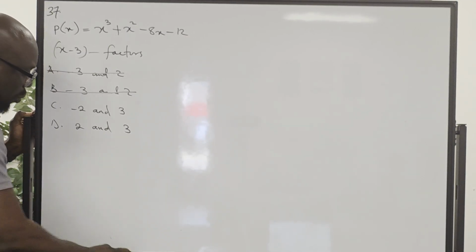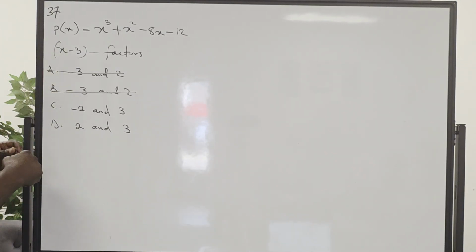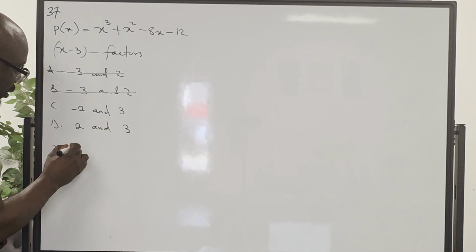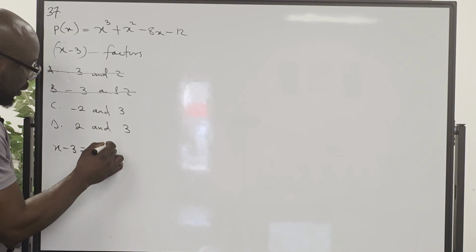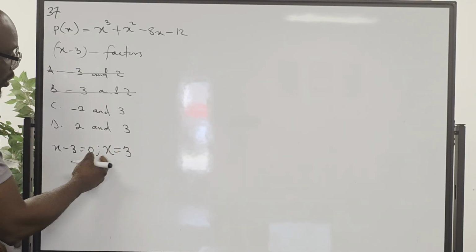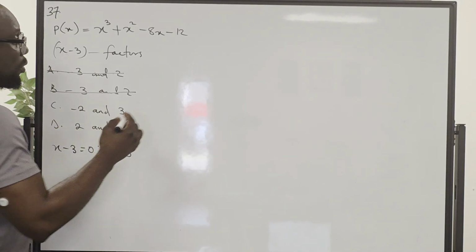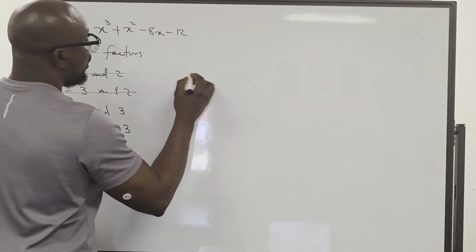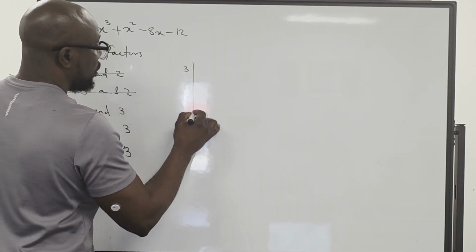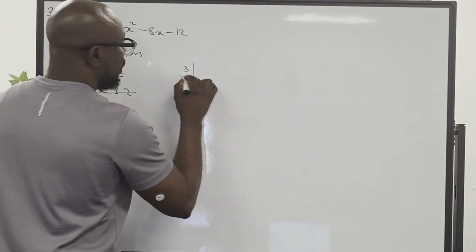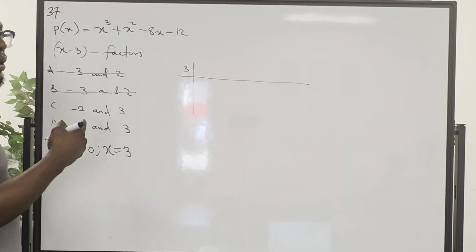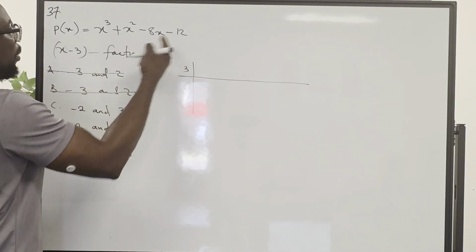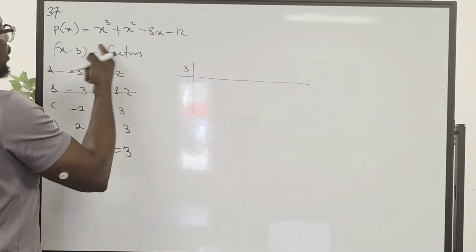So we know that one of the factors is x minus 3. So we can now use x minus 3 is equal to 0. Therefore, x equal to 3. Once you know the value of x, we can factor using this method right here. All you got to do is write your 3 right here, draw a line, and then take the coefficients of the variables and the constant.